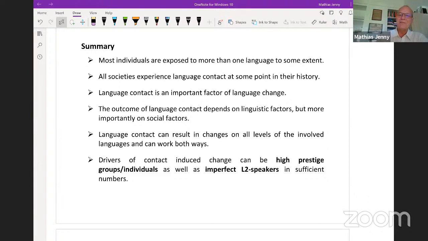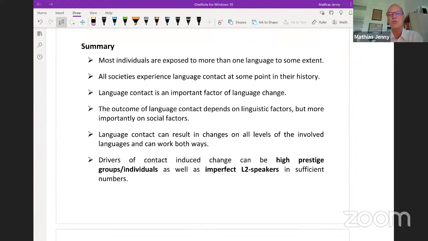Drivers of contact-induced change can either be high prestige groups. So if your teacher or some singers, movie stars speak a language in a funny way, this may influence your way. You may copy them more because they're high prestige in the society.